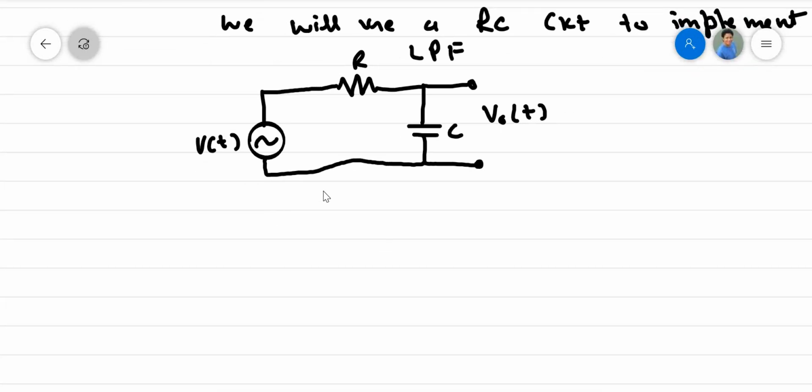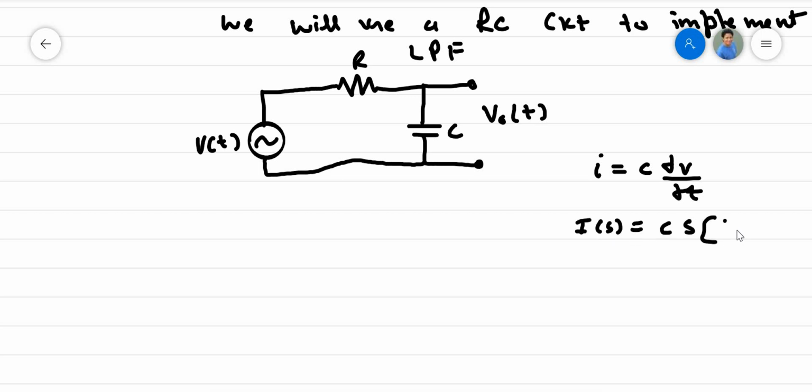So the first part is we know the characteristics of C, that is, for the IV characteristic of C, it is i equals C dV by dt. And if we take a Laplace transform of this relation, for i(t) and v(t), it is I(s) equals Cs V(s) minus V0.